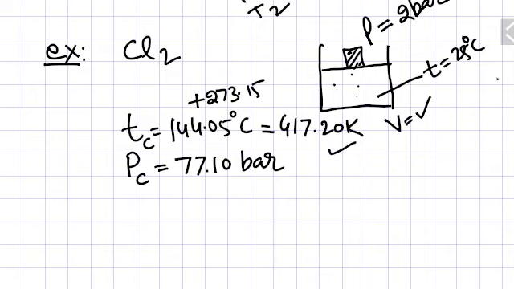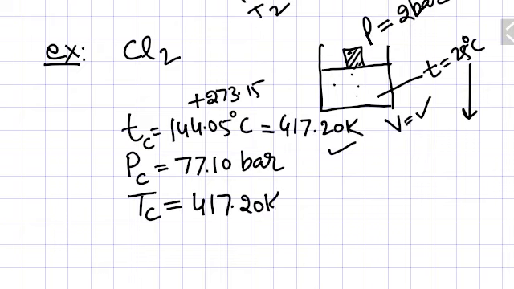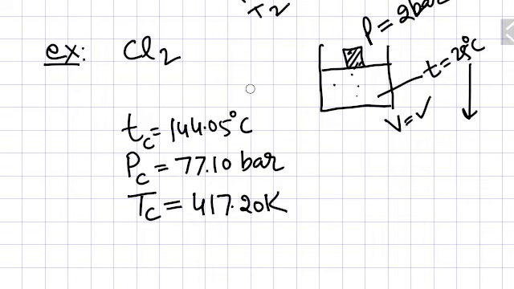One important point is that when you write the temperature in Kelvin, you write it with a capital letter T. Whenever you are writing degrees centigrade, you write a small letter t, and when you are writing in Kelvin, then represent it with capital T.